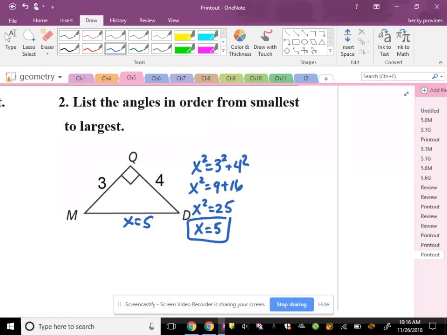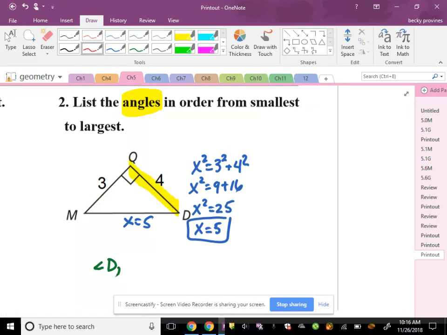Now, again, you have sides, so you're going to tell me angles. So you put the angle sign and then the letter. So the smallest side is MQ. So the other letter you're not using is D. So you have to put the angle sign in front, angle D. Okay, so the next smallest, the medium, is the 4.